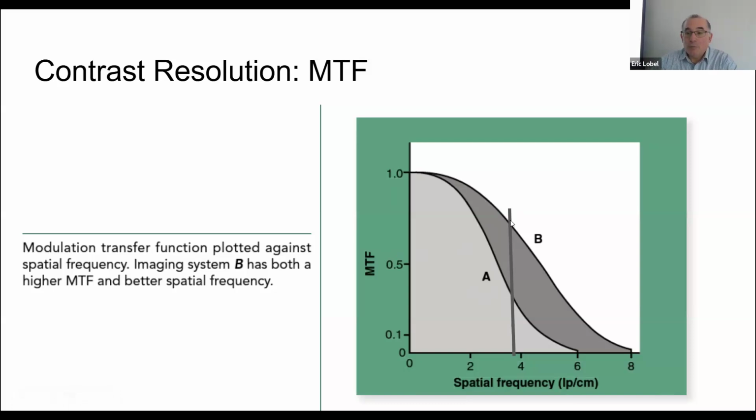We can say that this point here on B has a higher MTF than it is on A. And we can say that it also has a better spatial frequency because this slopes more to the right and A ends over here.